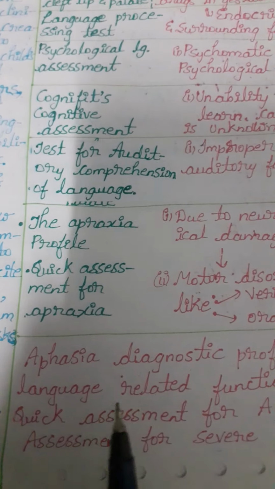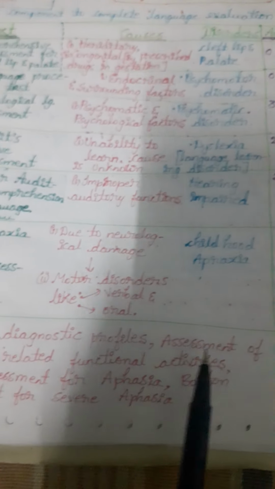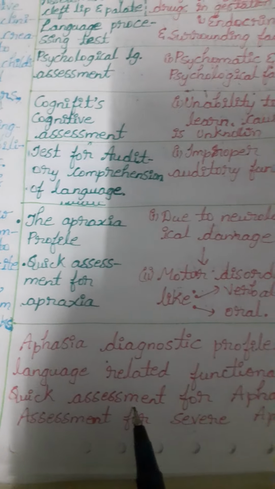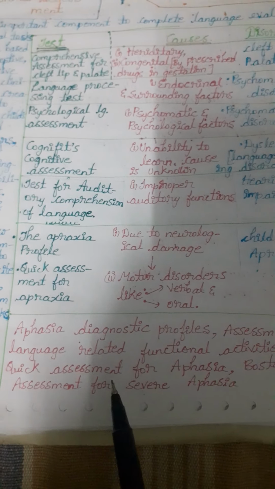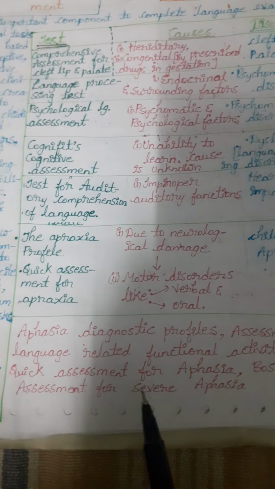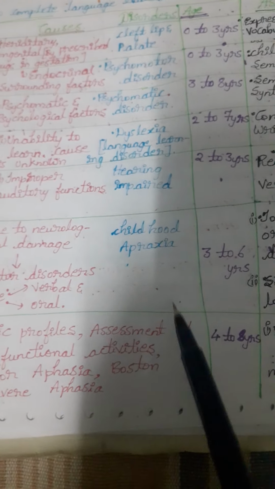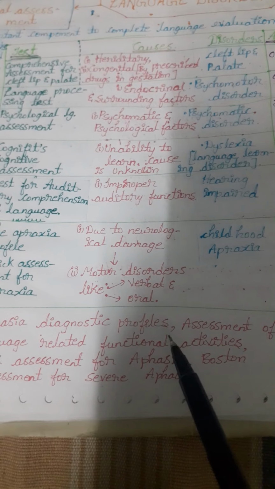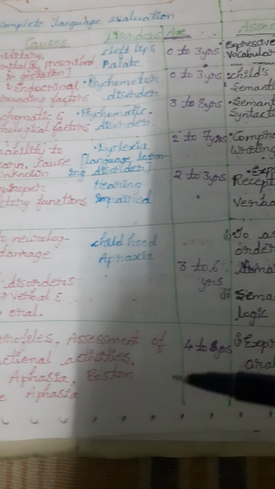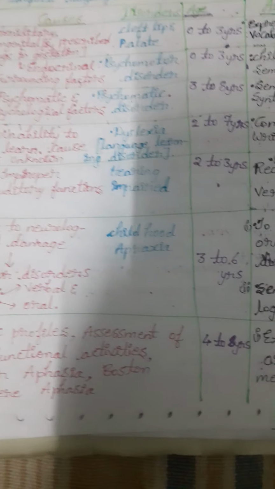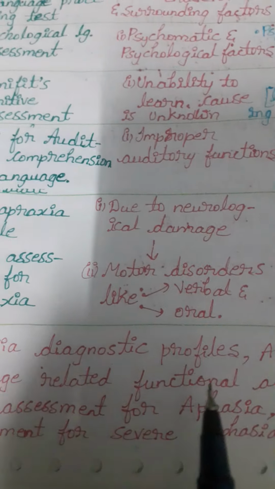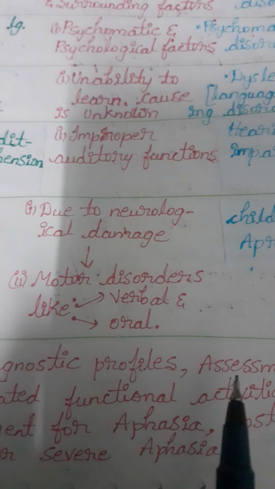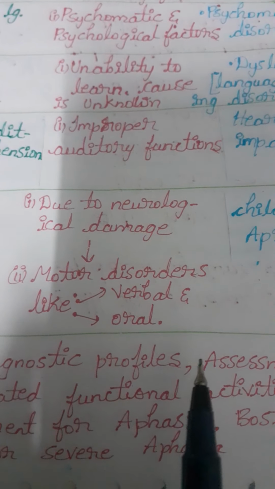Another one is aphasia diagnostic profiles, assessment of language related functional activities, quick assessment for aphasia, and Boston assessment for severe aphasia. So this totally comes under aphasia causes, and the disorder is called aphasia. Its ages are 4 to 8 years. Here, aphasia may be of some types like Broca's aphasia and Wernicke's aphasia, which is a language learning disorder.